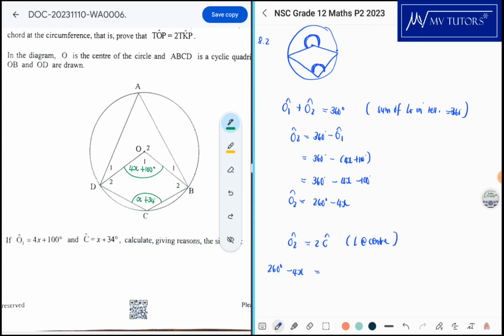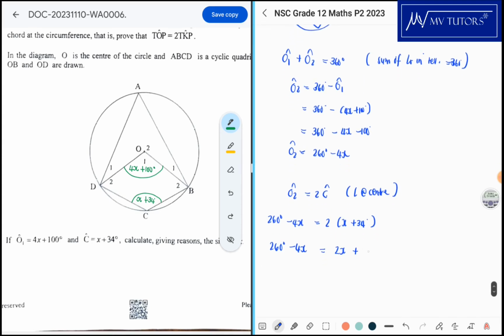Now we have 260 minus 4x, and then 2 times C. What is C again? It is x plus 34. So we have 260 minus 4x is equal to 2x plus 68, since 34 times 2 is 68. If I take 4x to the other side, I have 6x.